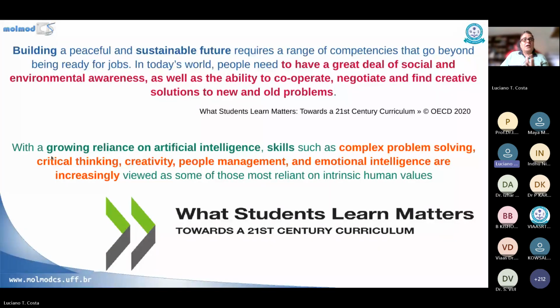With growing reliance on artificial intelligence, skills such as complex problem solving, critical thinking, creativity, people management, and emotional intelligence are increasingly viewed as some of the most reliant or infused human values. If you have this together with the technology we have in our hands, with molecular modeling and artificial intelligence, of course you can design new materials or new drugs for our sustainable future.